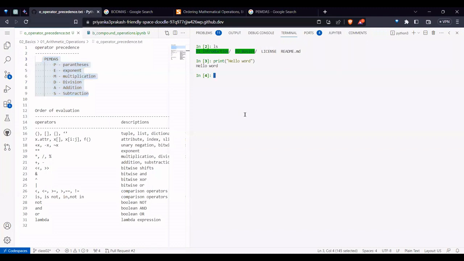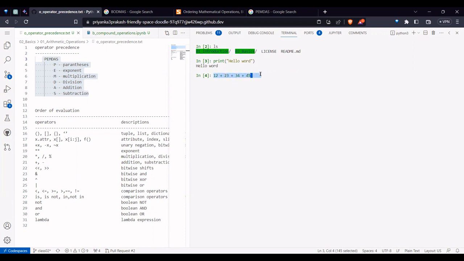If there are two operations at the same level, which one should be given the priority? If I have like 10 plus so and so, plus some other value, plus so and so. Now in this case, did you understand that there were four operators? All operators are same. Then how does the execution happen?